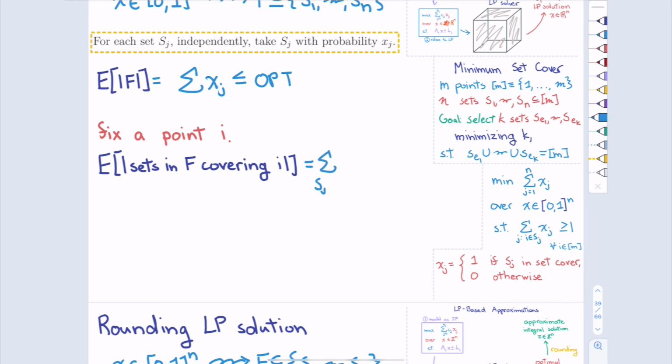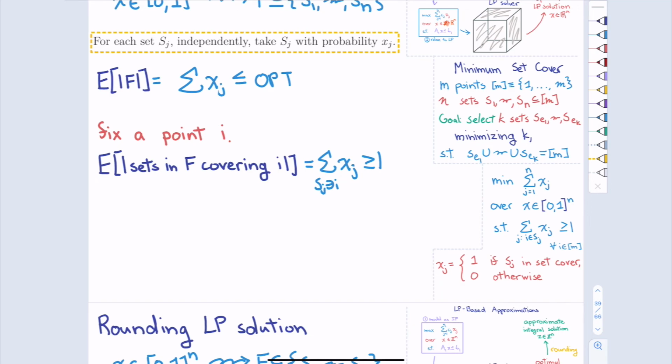So we'll sum over all the sets that contain i, and what's the probability of that set appearing? Xj now. Sorry, I switched on you. You had it the other way the last time. Xj, and this is at least one. Okay, so that makes sense. So what the LP is sort of saying is that in the randomized rounding, the expected number of sets covering it should be at least one. That kind of makes sense. Fine.